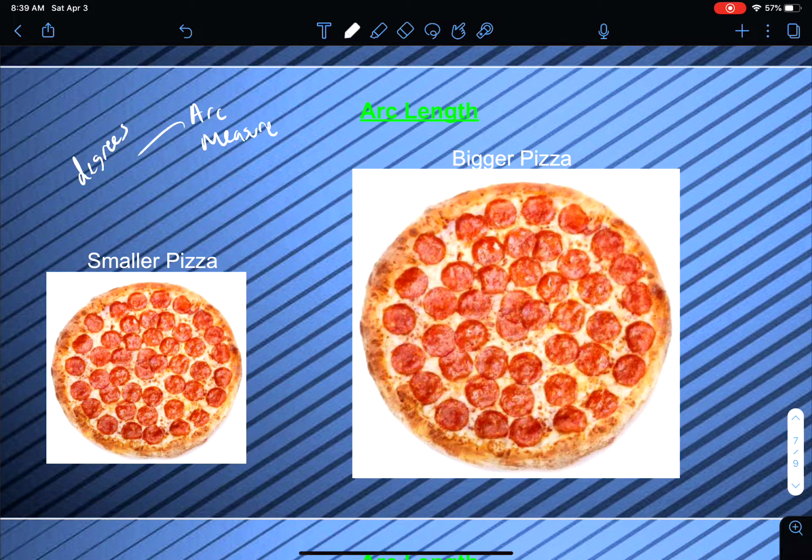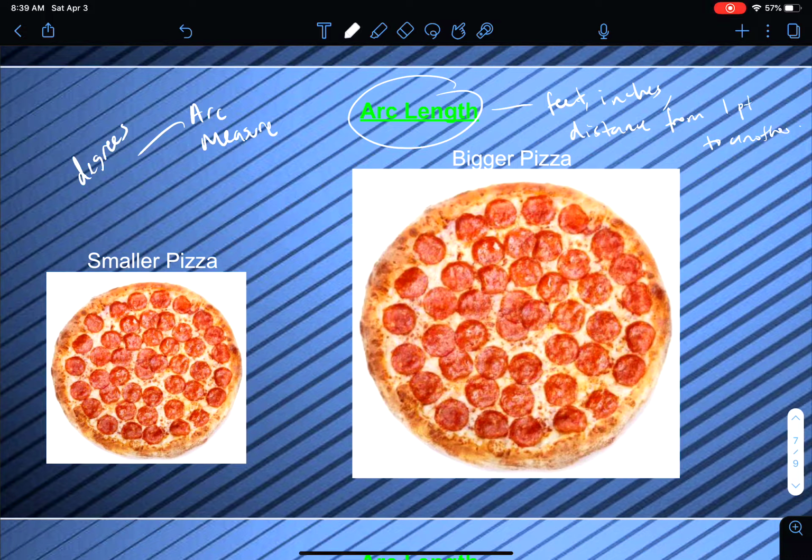But arc length deals with feet or inches, or some distance from one point to another, right? And let me show you the difference between the two definitions.